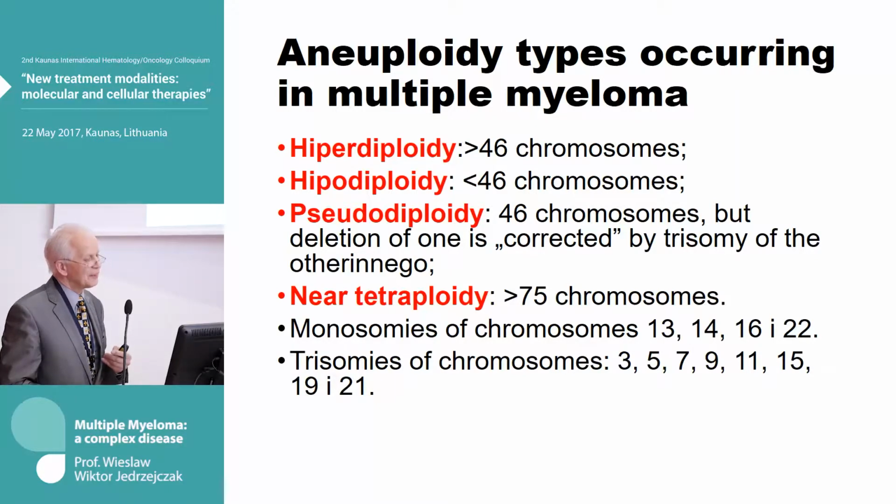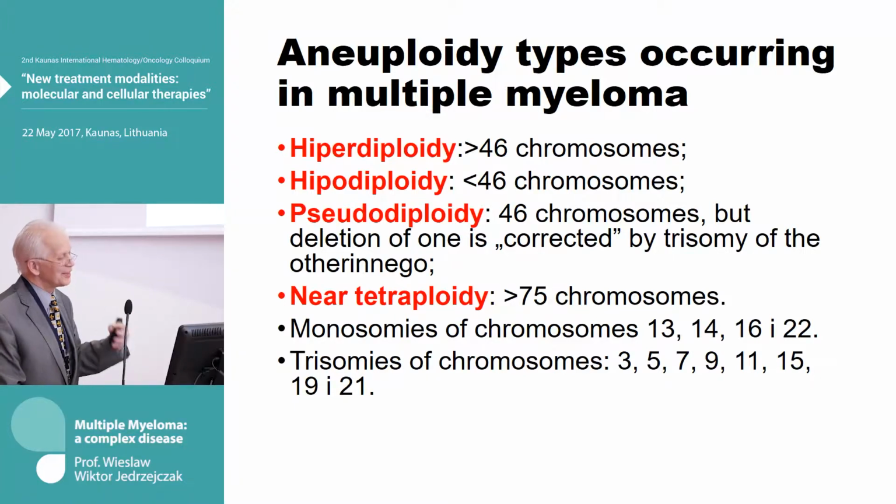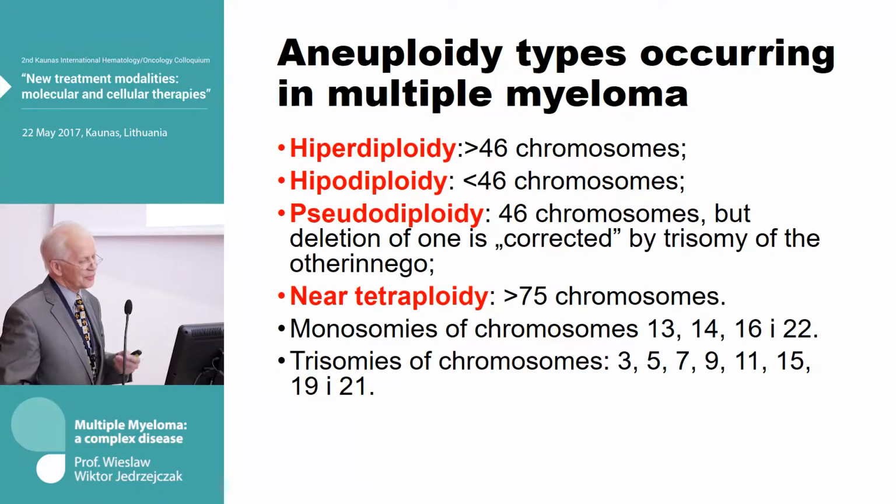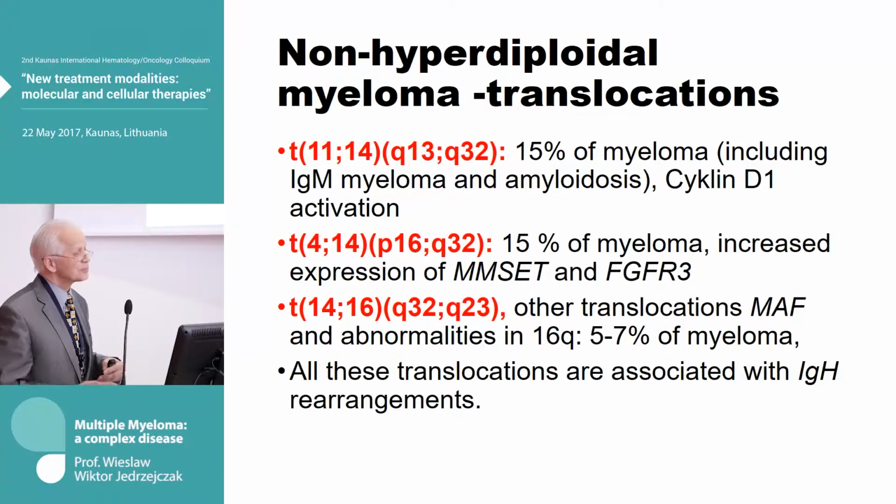Then there are trisomies of chromosomes with uneven numbers, so it's 3, 5, 7, 9, 11, 15, 19, and 21, easy to remember, and monosomies of chromosomes 13, 14, 16, and 22.